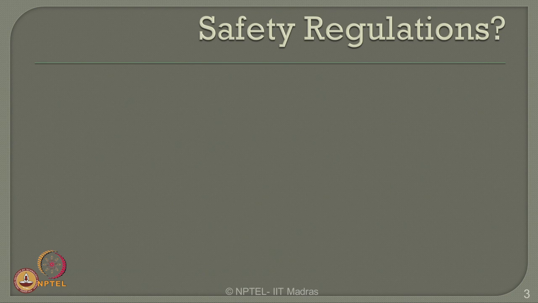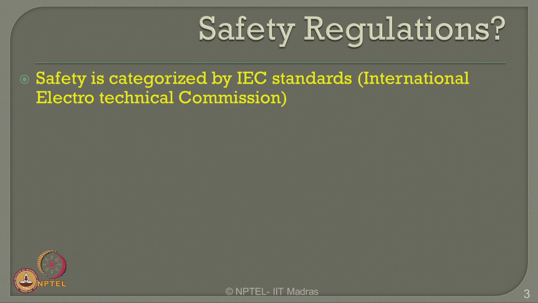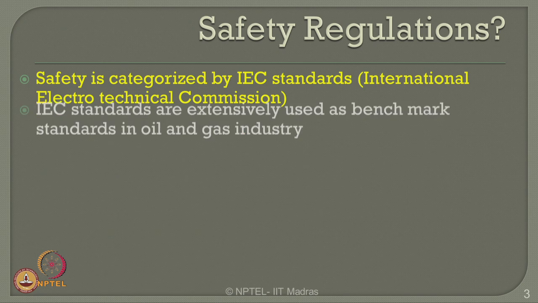Let us principally ask a question: what do we understand by safety regulations as applicable to process industries like the offshore and petroleum industry? Safety is essentially characterized by the International Electrotechnical Commission, what we call briefly as IEC standards.